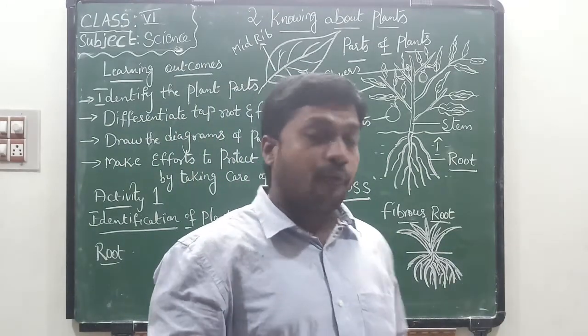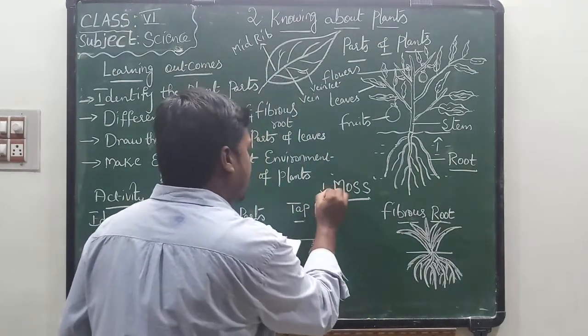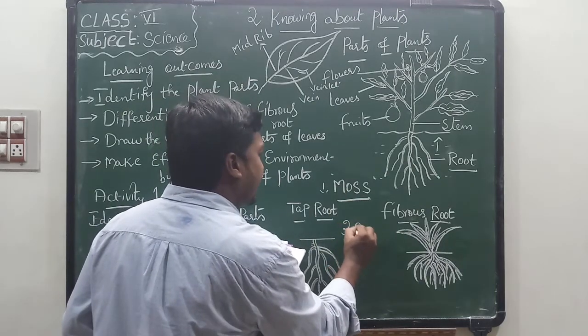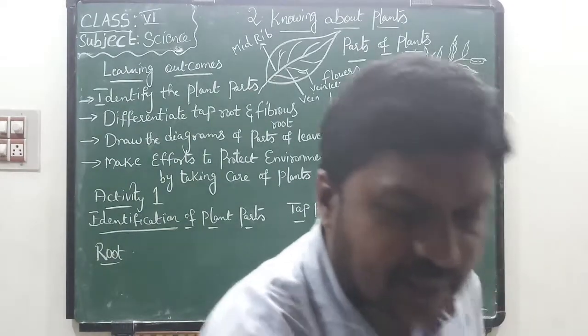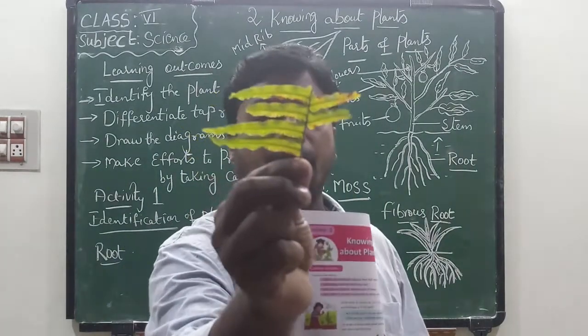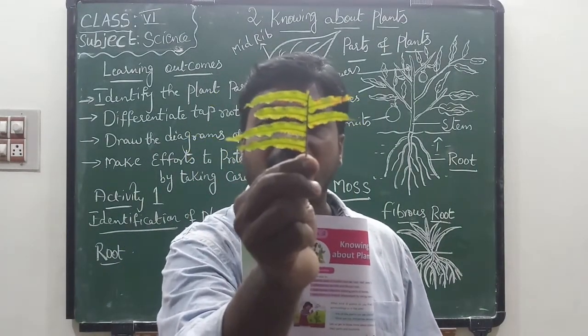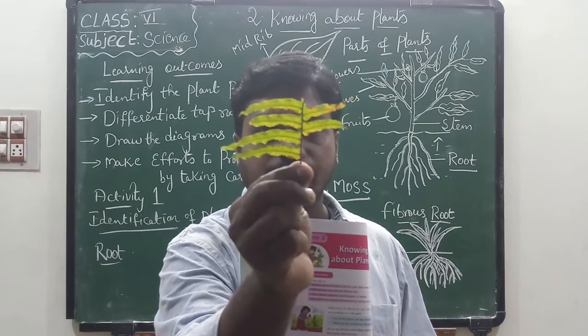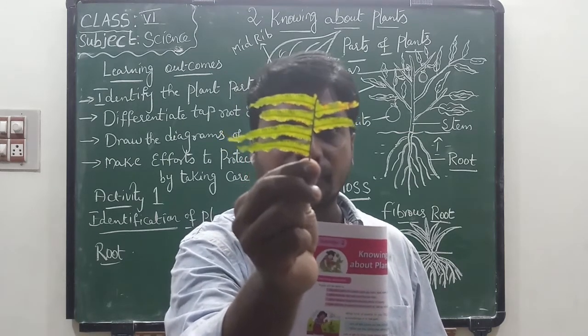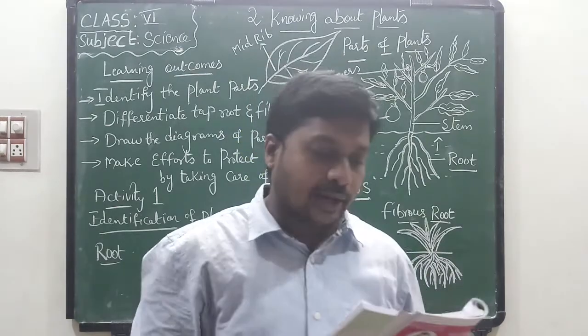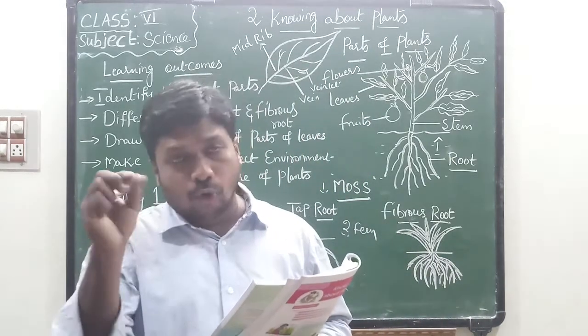Next one, fern plant. First one is moss plant. Second one is fern plant. Do you know, children? These are the leaves of fern plant. Okay, children? Write down. They have roots.